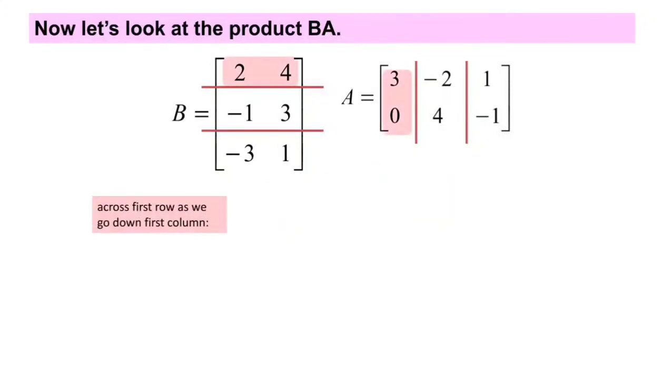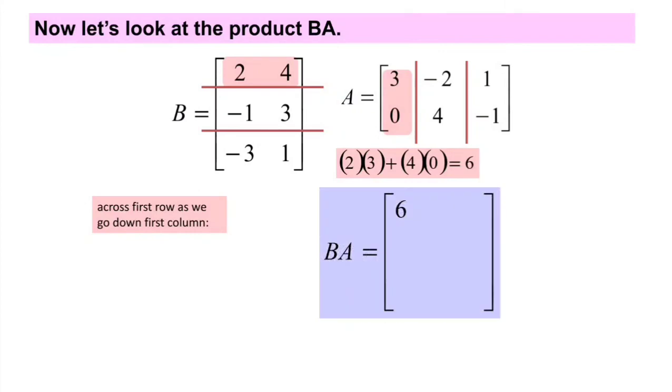So for the first element, this point is very important: across the first row as we go down the first column, that is 2 into 3 plus 4 into 0, and that becomes 6, the first element.